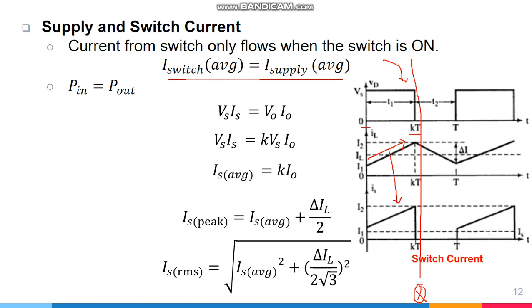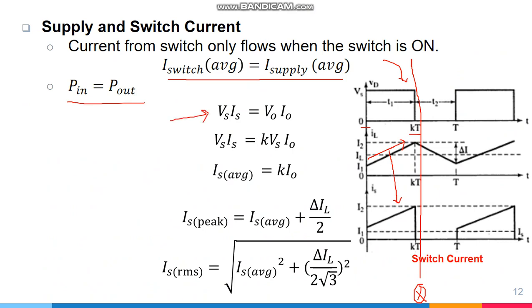If there is no dissipating element in my circuit, that is, I consider the circuit to be ideal, with no drop across the switch, and we have already said that the average value of voltage across the inductor is 0, and there is no drop across the inductor, therefore the input power and output power should be equal to each other.